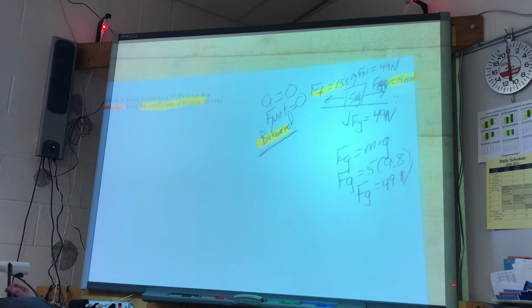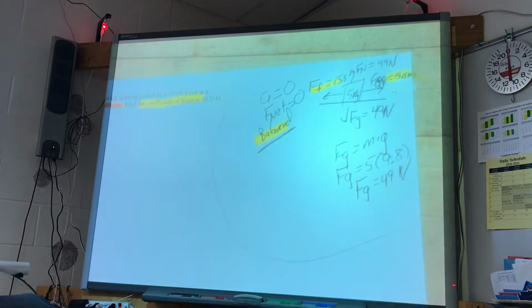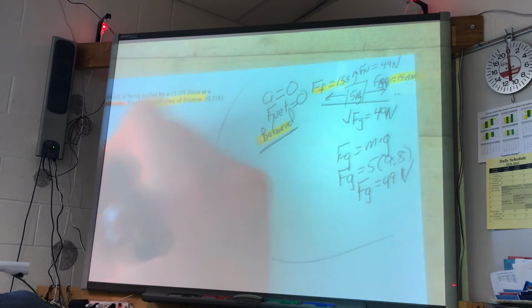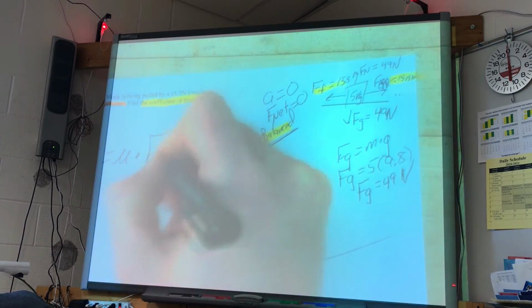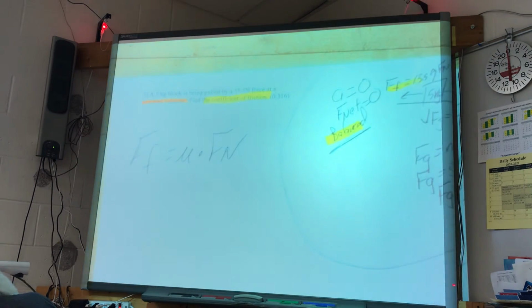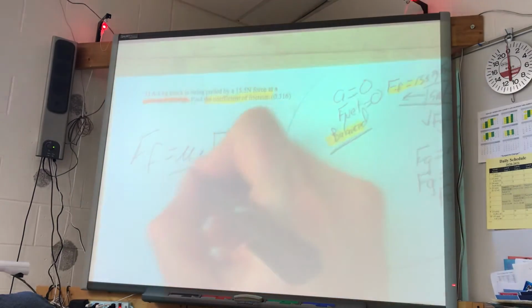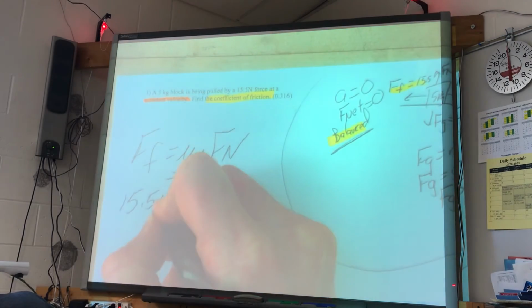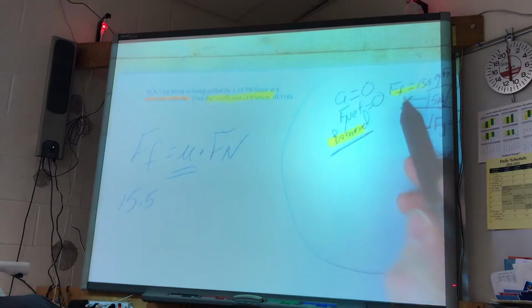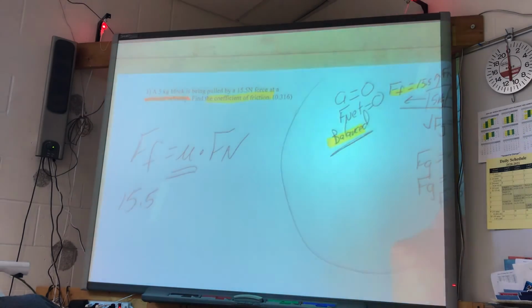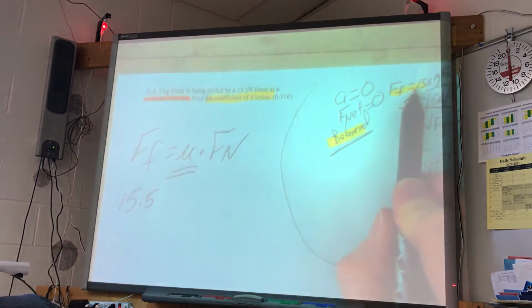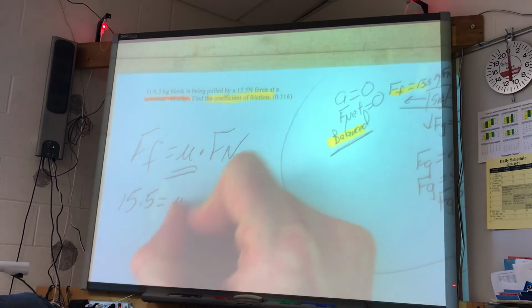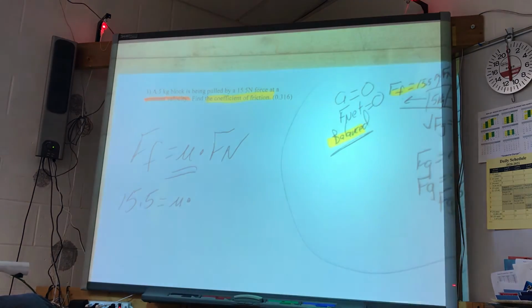So then, once we have all of this stuff filled in, the question being asked is really just this. Solve for mu. So because my forces are balanced, my force of friction is 15.5, which is equal to mu times my normal force.